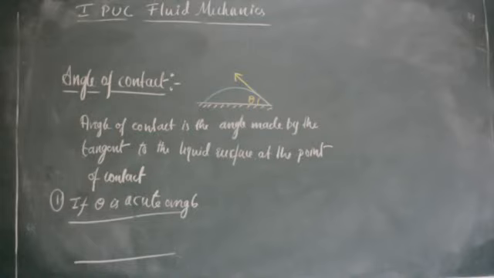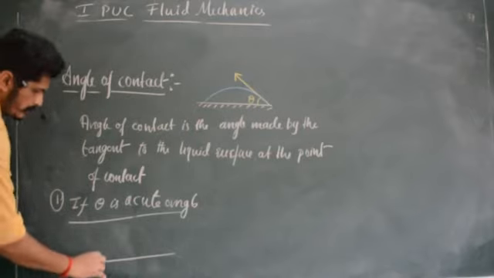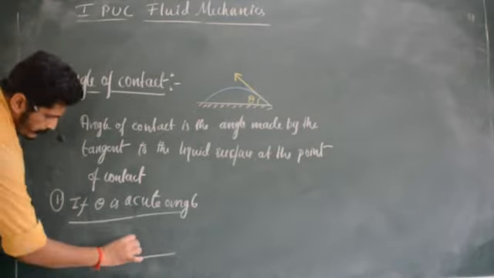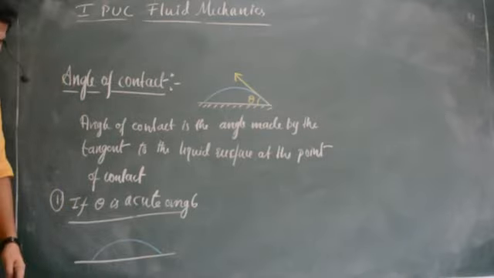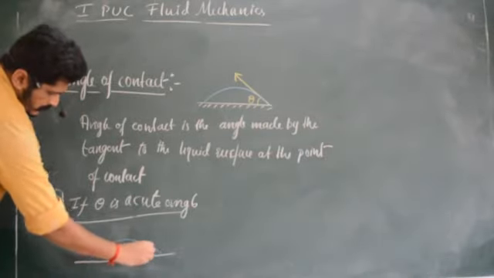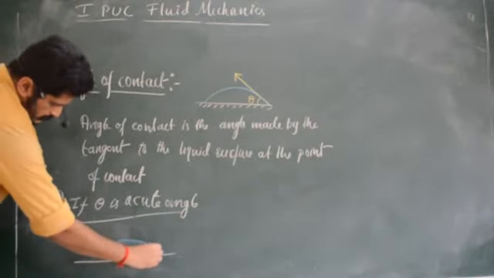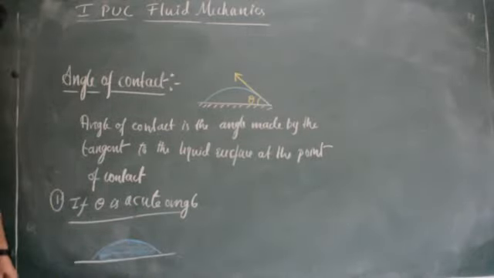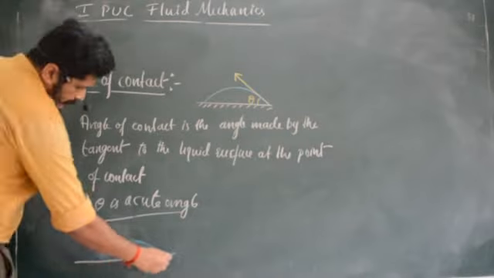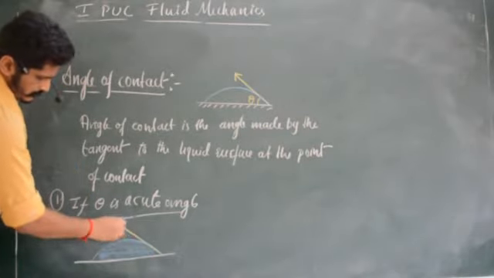Okay. So if theta is an acute angle, then what happens, the liquid will be like this. And the angle will be less than 90 degrees.